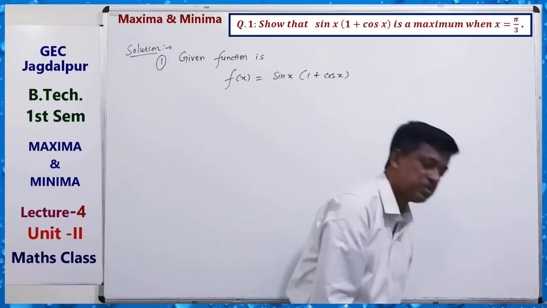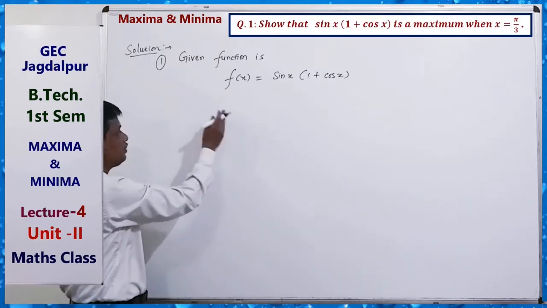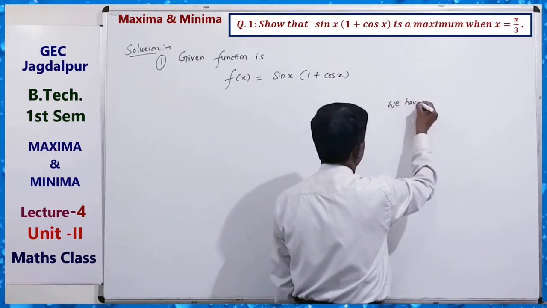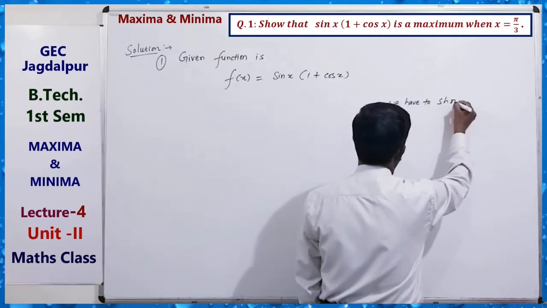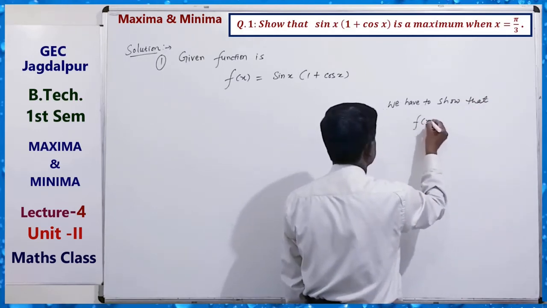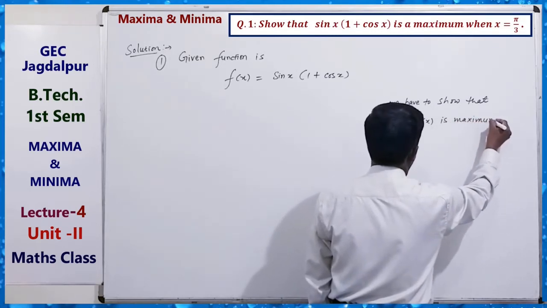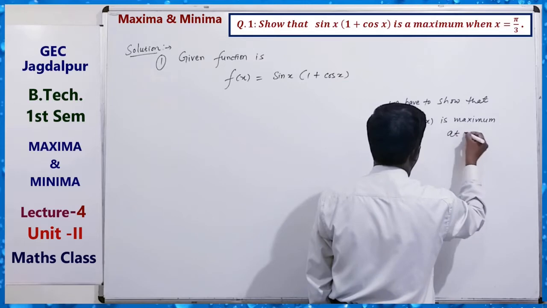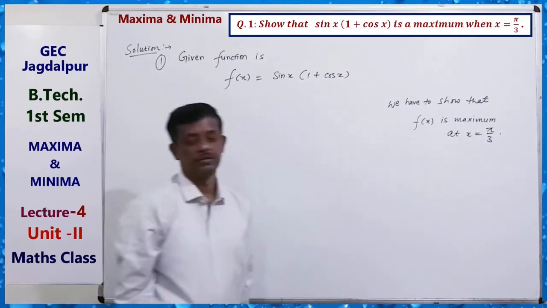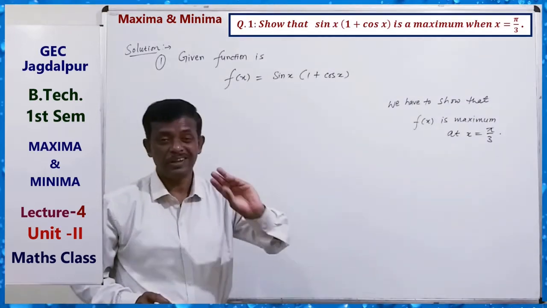Okay, sin x (1 plus cos x). We have to show that f(x) is maximum at x equals pi by 3. Okay. So for maximum, this is the particular point, x equal to pi by 3.